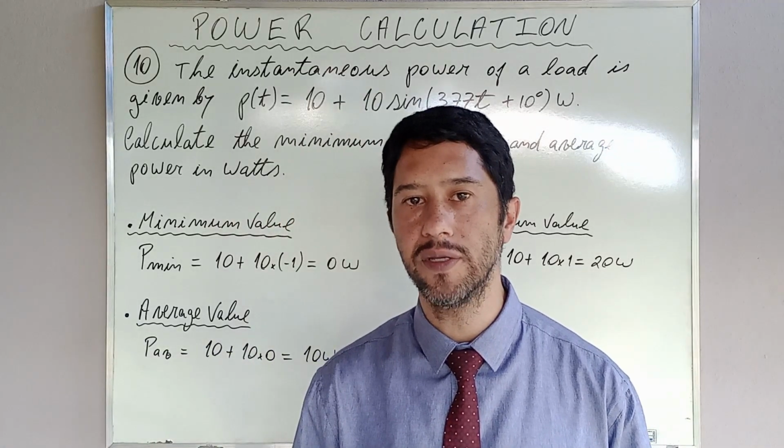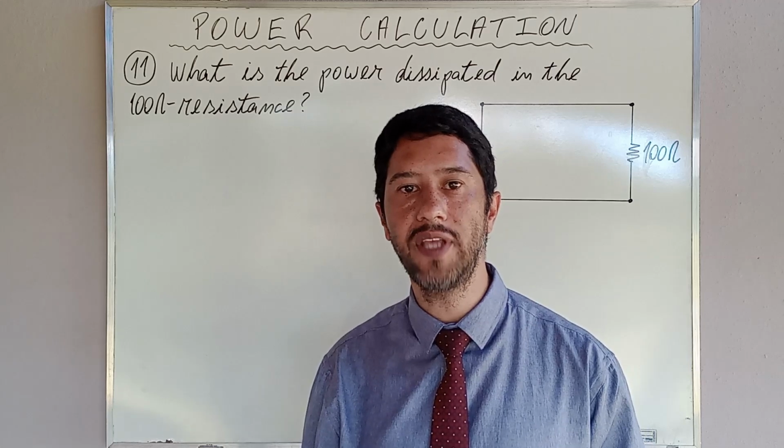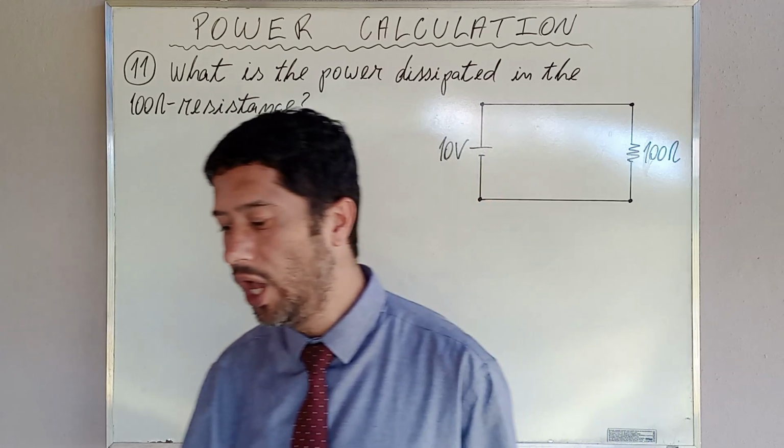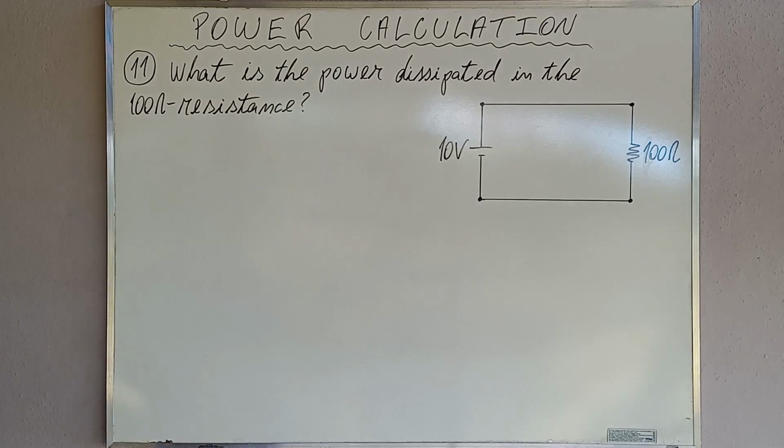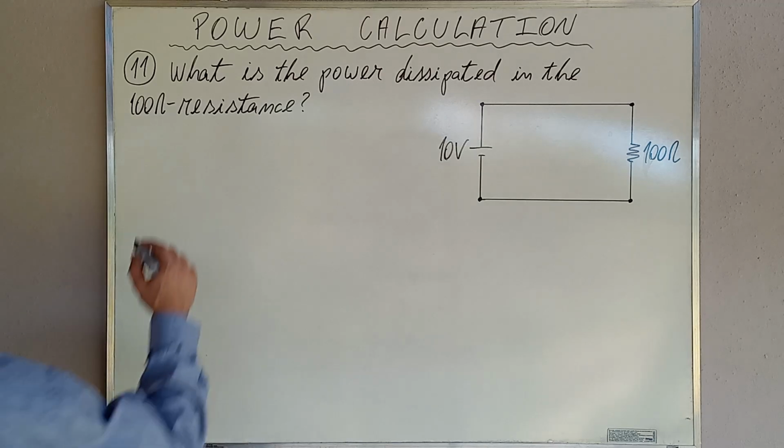Let's go to the next. Exercise number 11. Consider the following circuit. What is the power dissipated in the 100 ohms resistance? This is the question. Let's go to the solution. The power dissipated in the resistor can be easily found using this expression.